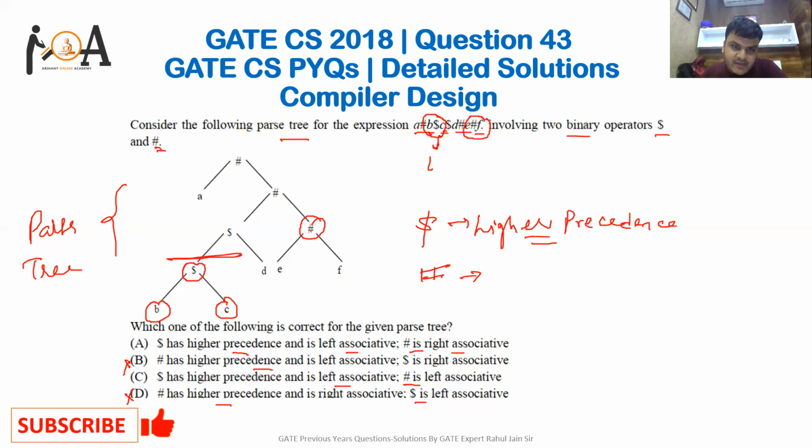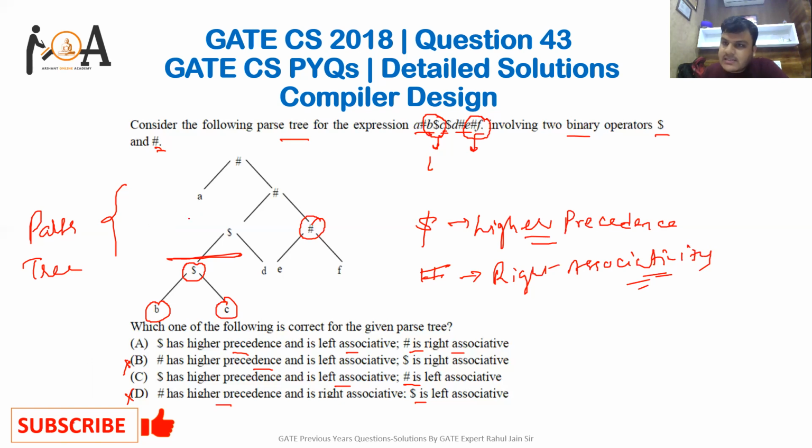After that, whatever result we get from it will be combined with D. So here we have evaluated the rightmost operation first. That is why it is right associativity.